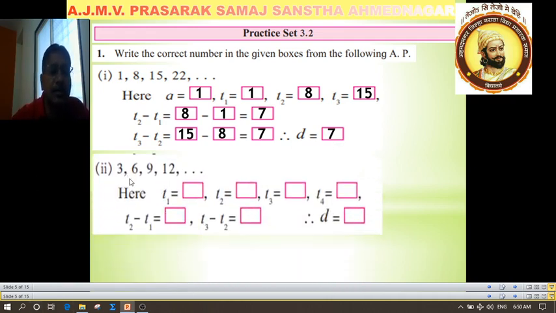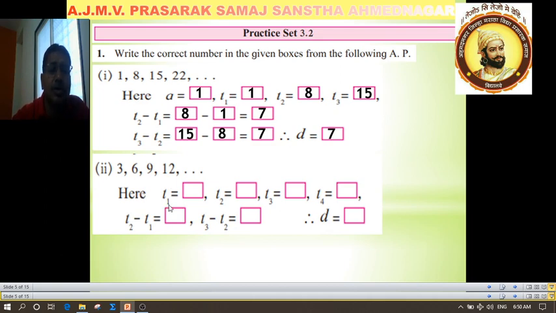Similarly, the second example, the second arithmetic progression 3, 6, 9, 12. Here we have to find T1, T2, T3, T4, T2 minus T1, T3 minus T2 and the common difference d from this arithmetic progression.